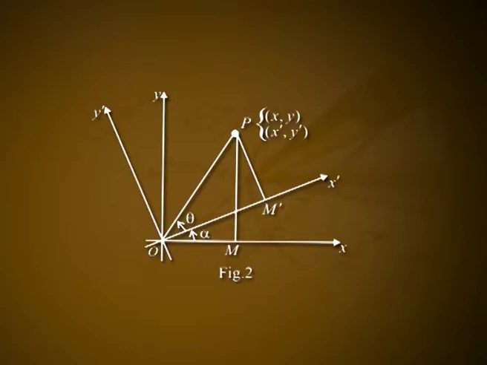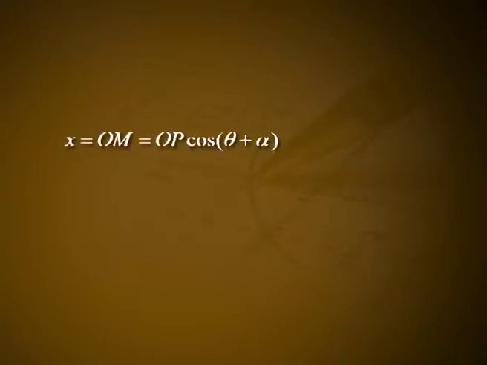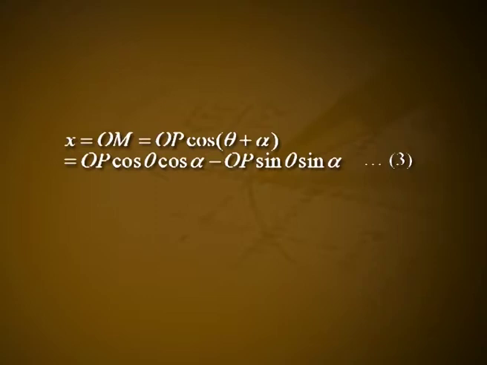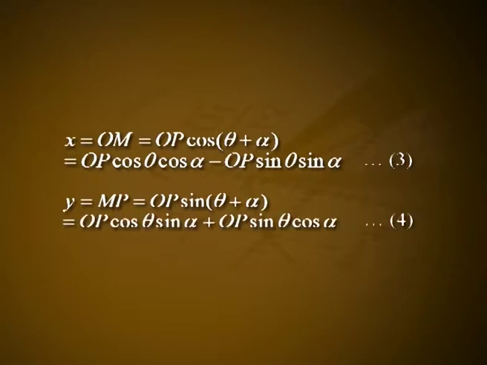Then from figure 2 we obtain x = OM = OP cos(θ + α), which is equal to OP cos θ cos α - OP sin θ sin α, equation number 3. y = MP = OP sin(θ + α), which is equal to OP cos θ sin α + OP sin θ cos α, equation number 4.